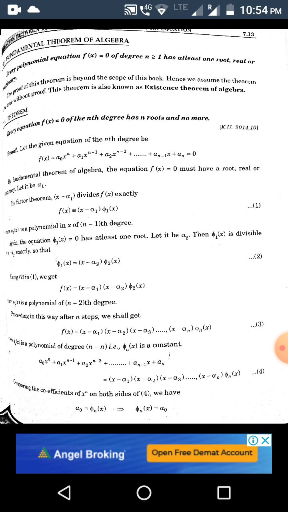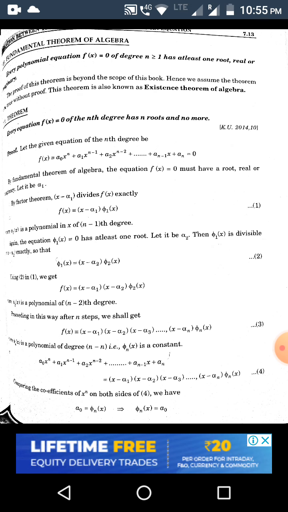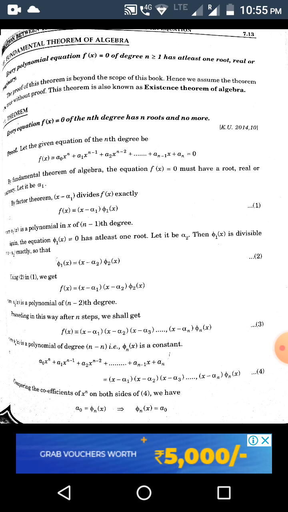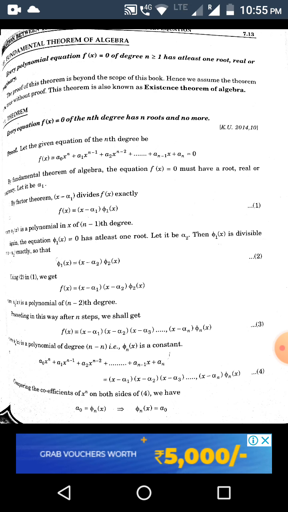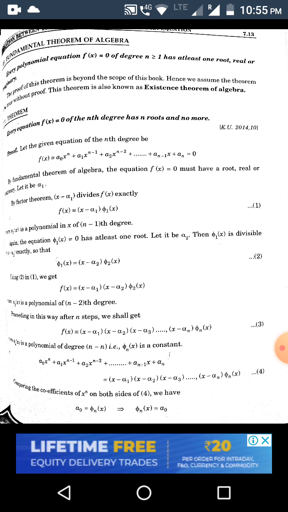Why is it n minus 2? Because the degree of phi 1 is n minus 1 and the factor x minus alpha 2 is of degree 1. That's why the degree of phi 2 is n minus 2. We will substitute the value of phi 1 in equation number 1. So we have f(x) as x minus alpha 1 into x minus alpha 2 into phi 2(x). Again the same result holds for phi 2.